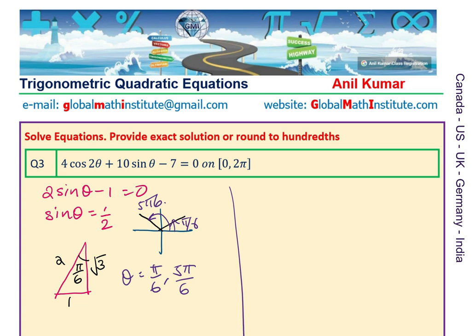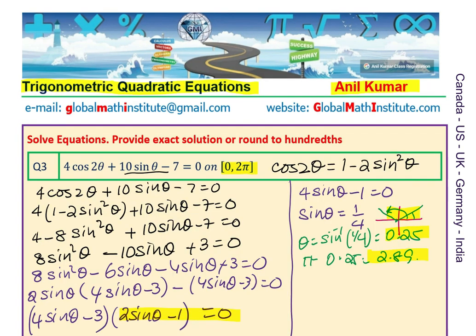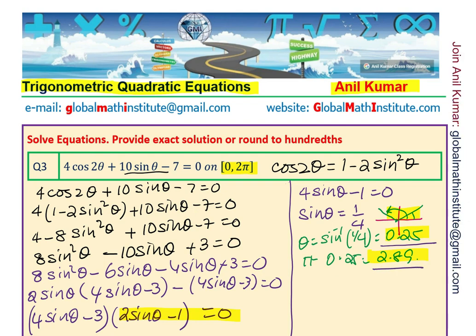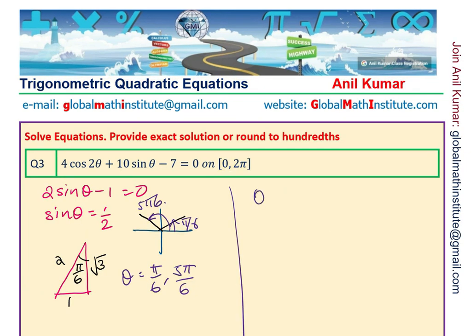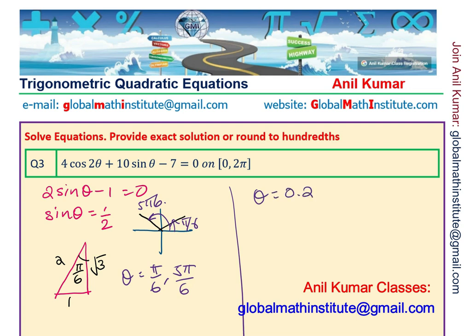Makes sense, right? So in all, since we had two solutions earlier from the factor 4 sine theta minus 1, which are 0.25 and 2.89, theta equals 0.25, 2.89, and here we have the values pi by 6 and 5 pi by 6.